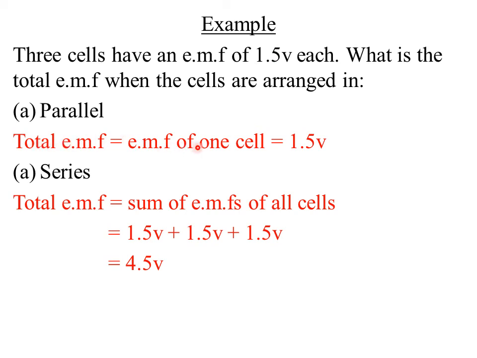By the way, why is it that in parallel total EMF is equal to the EMF of one cell? The reason is simple, because all the cells, all the components draw voltage from the main supply, whereas in series the voltage has to go through one of the bulbs, then some voltage will be lost, then the one that is remaining is what goes to the second bulb, and that which remains after the voltage dropped at the first bulb and the second bulb is what reaches the third bulb.